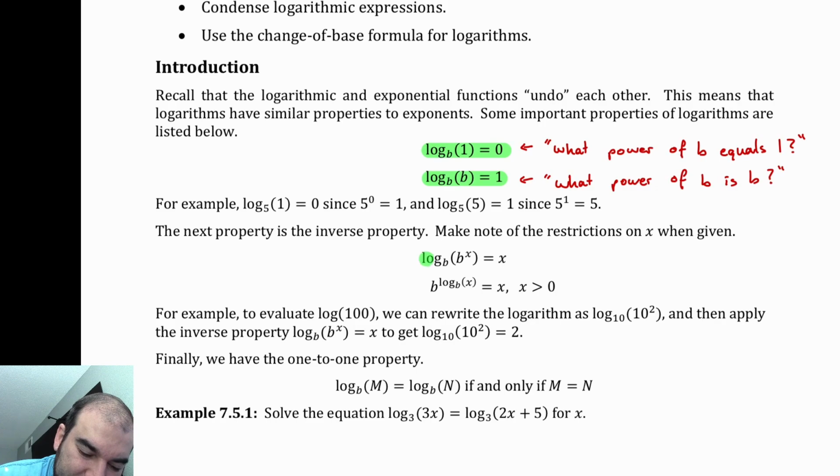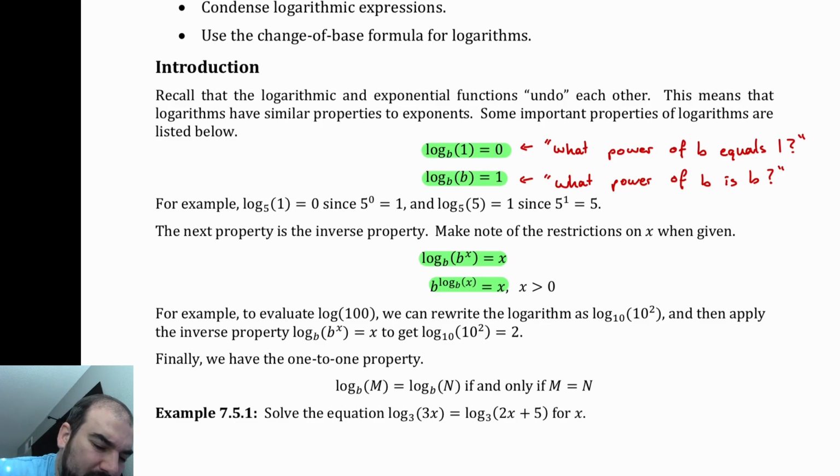Another one is this one, which again, if you ask the question, it says what power of b is equal to b to the x power. So essentially we can think about it as using this formula. The log base b of b cancels out, and the answer is x. And then a similar thing happens here.